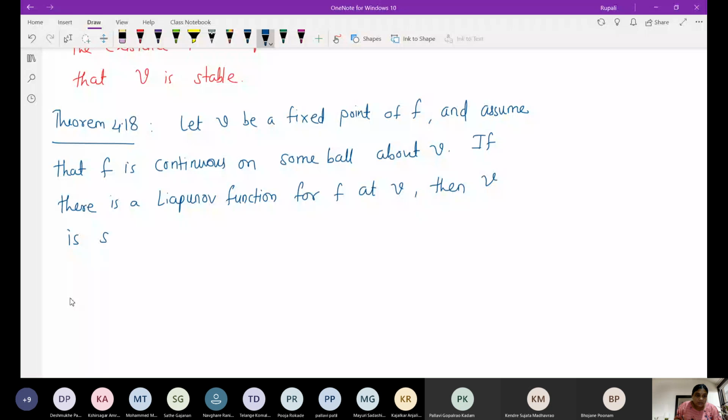And if there exists a strict Liapunov function, then we say that V is asymptotically stable.